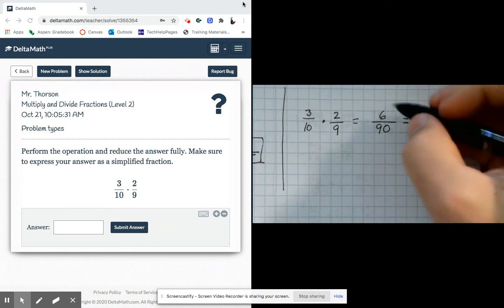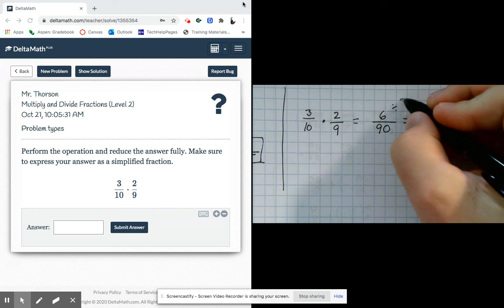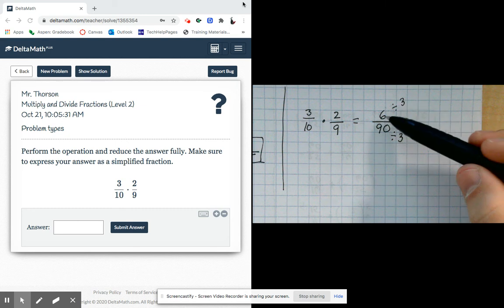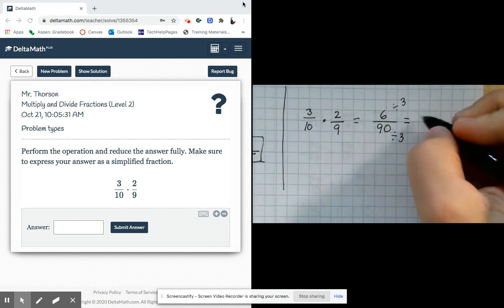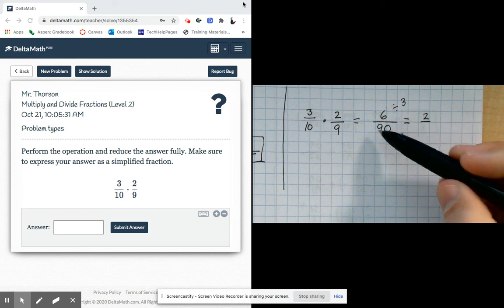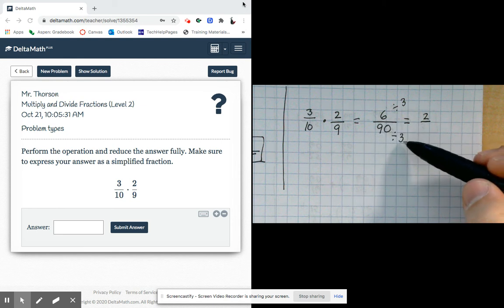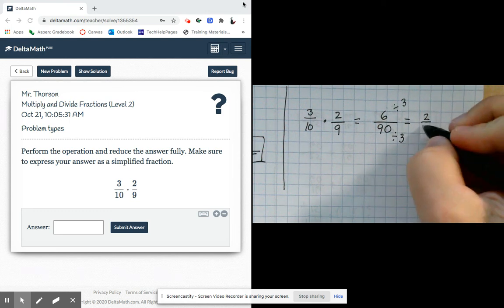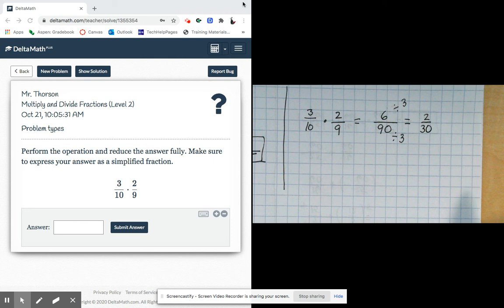We know that we're going to divide the entire thing, so that means we're dividing the numerator and the denominator by the same thing. So 6 divided by 3 is going to give me 2. 90 divided by 3, well, what do we see? We see that 3 goes into 9 how many times? Well, 3 times, doesn't it? So we know that we have 2/30ths.